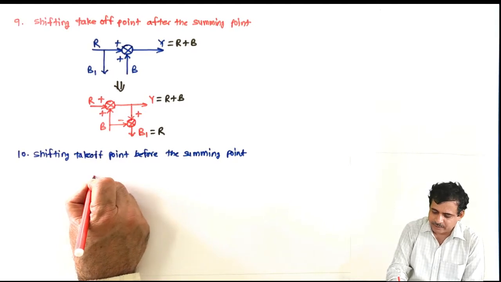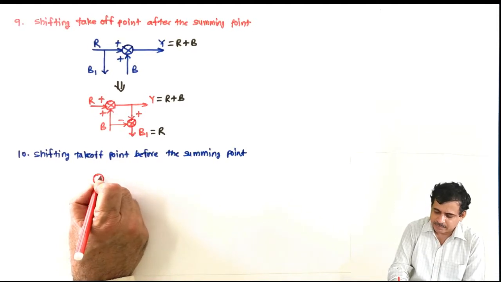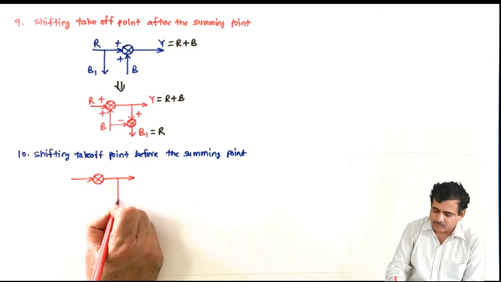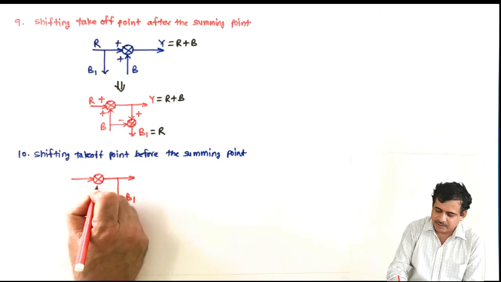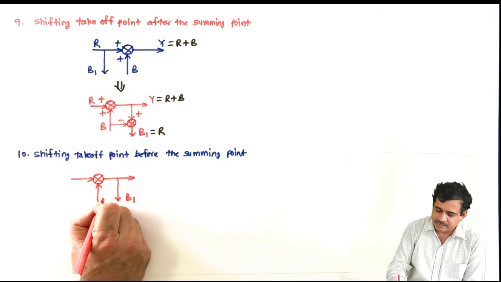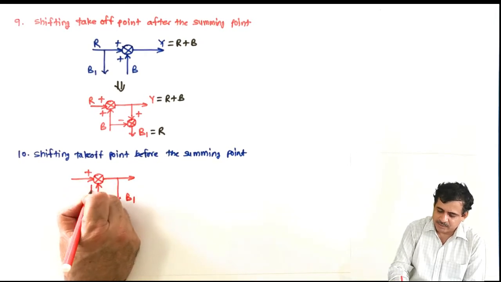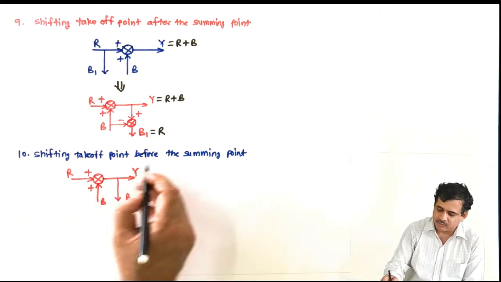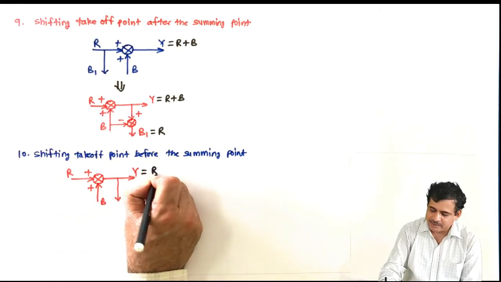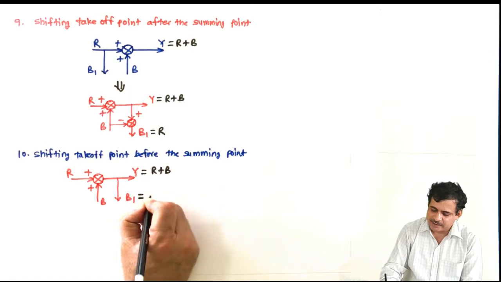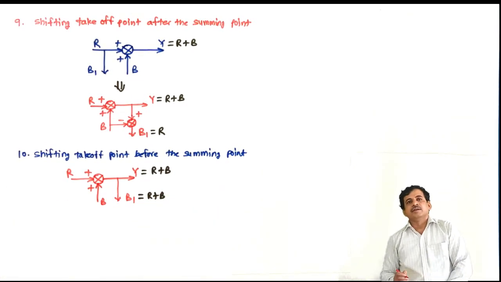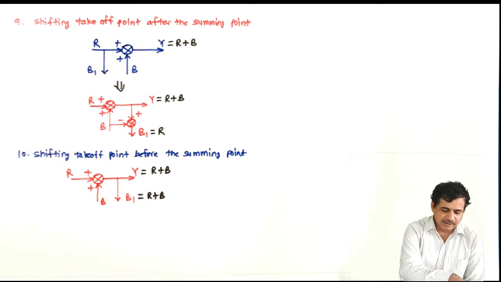We have here a summing point and a takeoff point. Let this be B1, let this be B, plus plus, Y, R. So what is Y? Y is equal to R plus B. At the same time B1 is also R plus B. Correct. But now we want to shift it earlier.